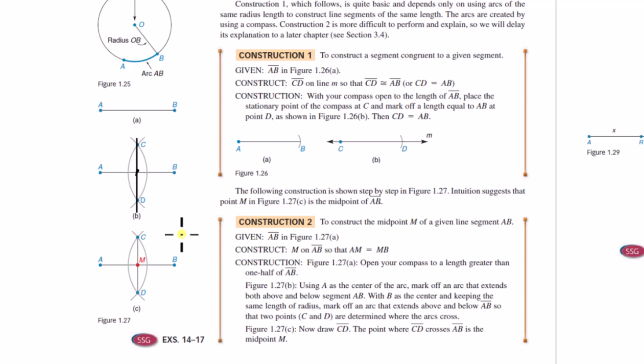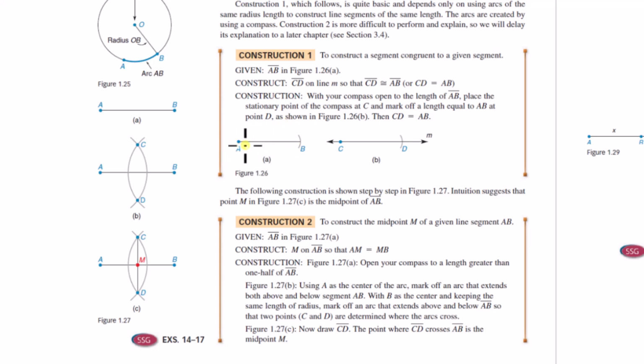So why does that work? Interesting. They said here it's more difficult to explain why this works. Construction 1 worked because we're using arcs of the same radius length to construct line segments of the same length, because we fixed the radius of the compass.